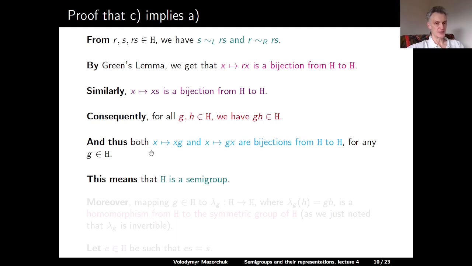Okay, so in particular, this implies that we have a sub-semigroup.